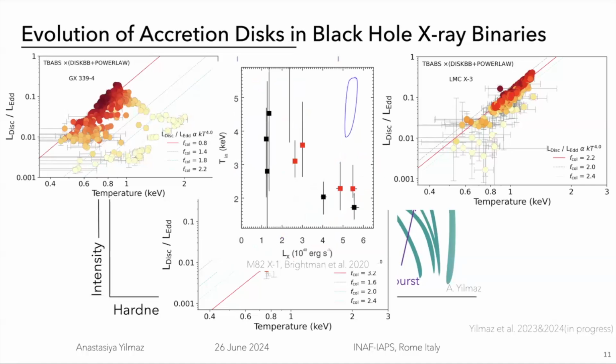And when you look at some other sources which are very high in luminosity, this is a ULX in M81 X-1, you see that, okay, this plot is a little bit inverted, but you see a similar relationship as you see in GX 339-4, for example.